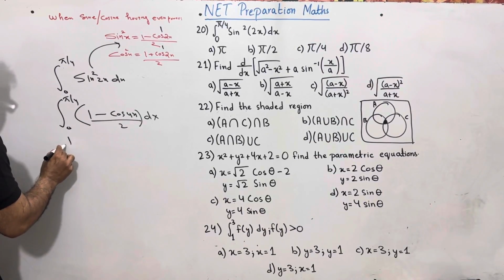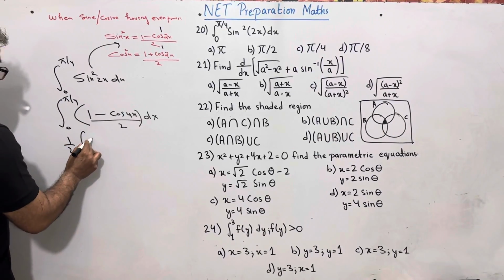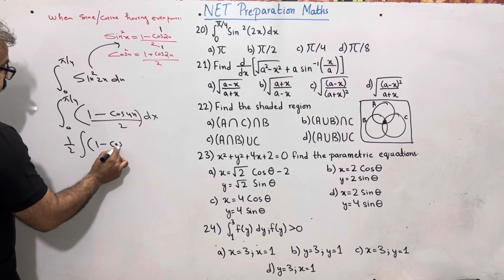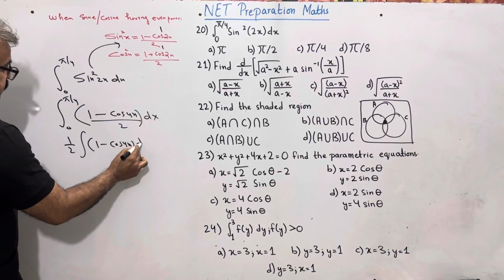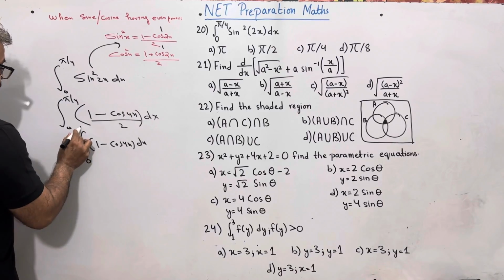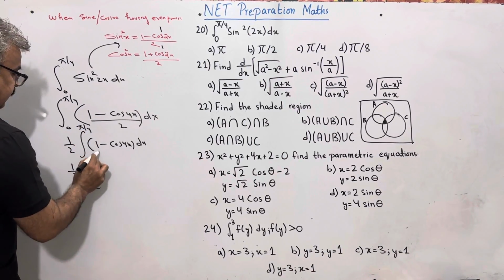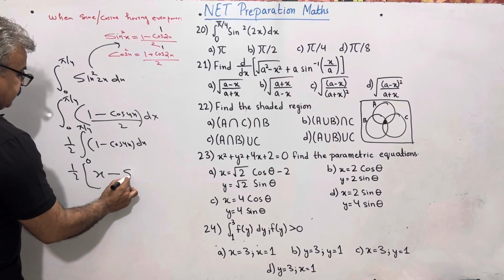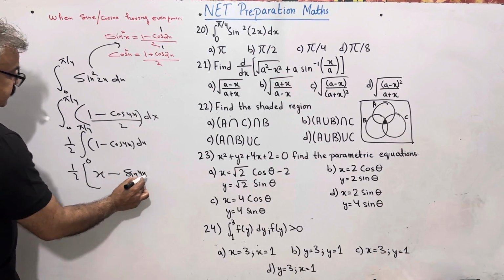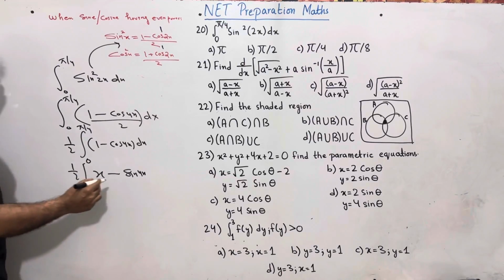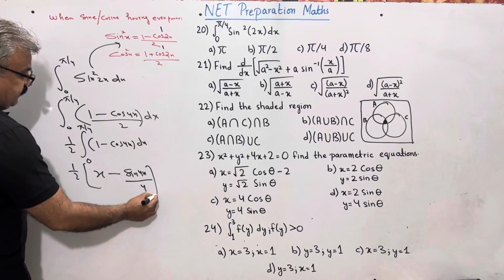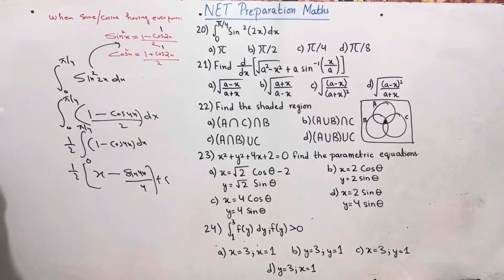Writing 2 outside as 1 over 2, we have 1 minus cos 4x dx, with limits 0 to pi over 4. Integration of 1 is x. Integration of cos 4x is sine 4x divided by the derivative of the angle, that's 4, plus c.